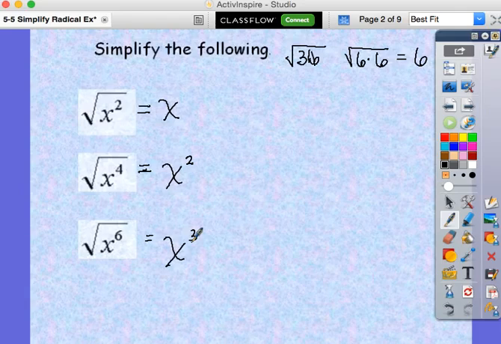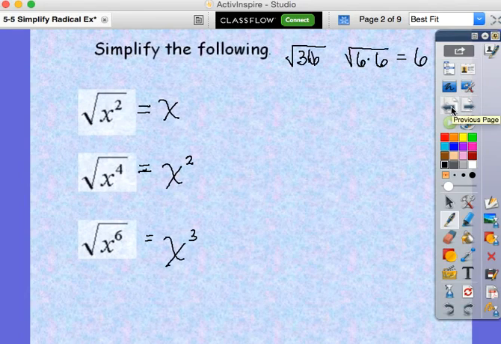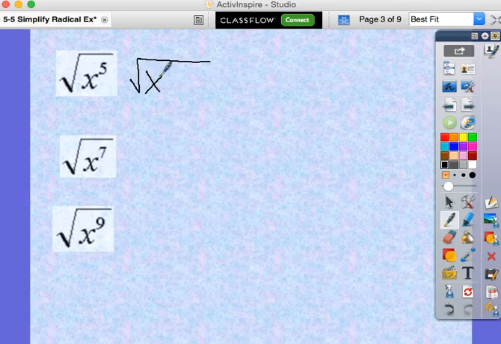X cubed. Okay, no. Now I see what you're saying about this one. No, we're not going to just divide by 2 in this one. These worked out because they divided nicely by 2, right? It just worked out that way. But in this one, you're going to want to break this up into x to the fourth times x to the first, which would be x to the fifth, right?